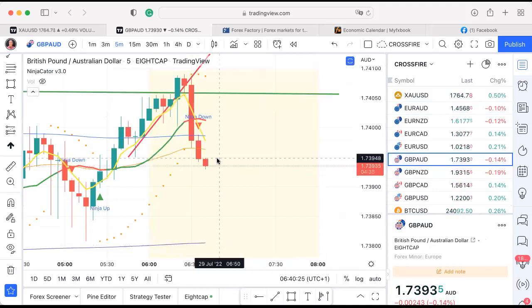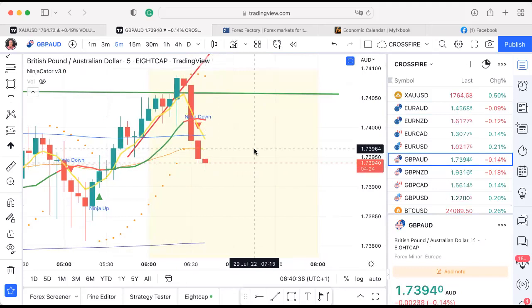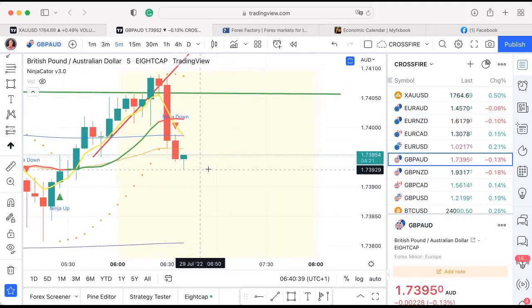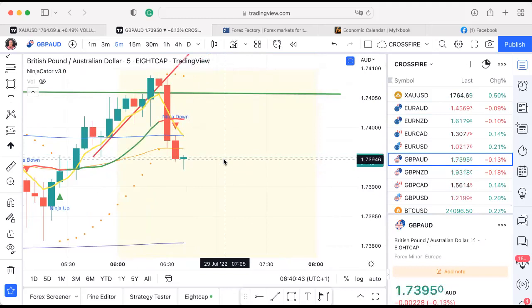Now this new candle it's just formed has broken away. We've now got a reasonable gap between the 50 moving average and current price. So that now satisfies my criteria, apart from the fact we've now got a green candle. But this is looking my favorite at the minute.